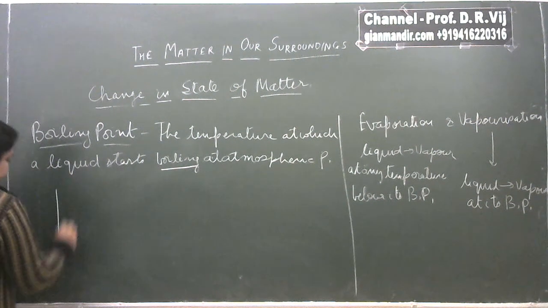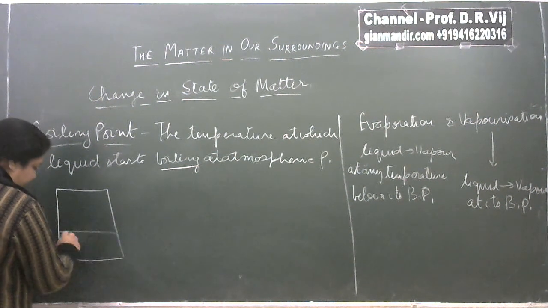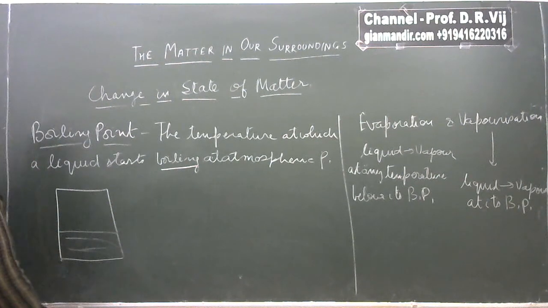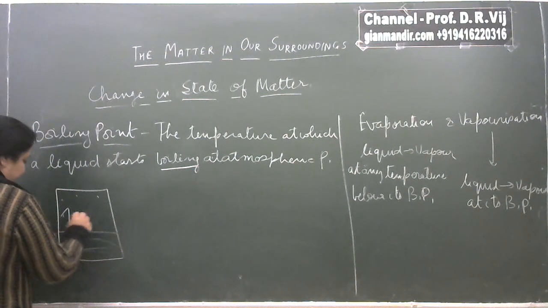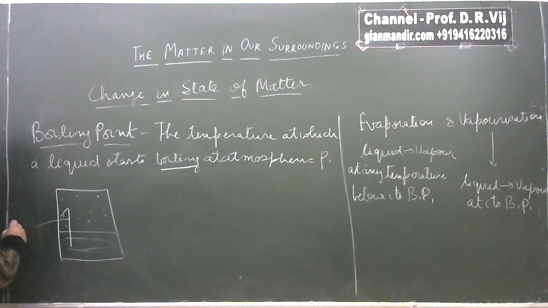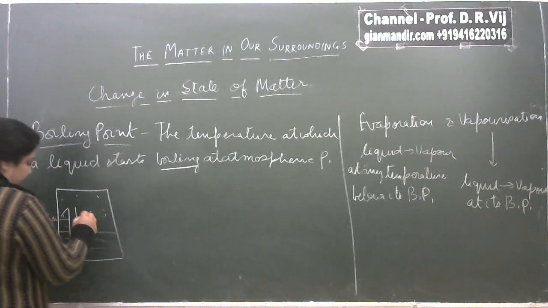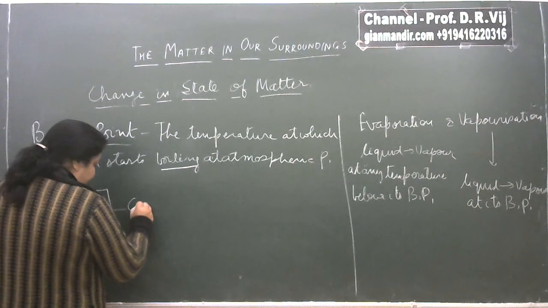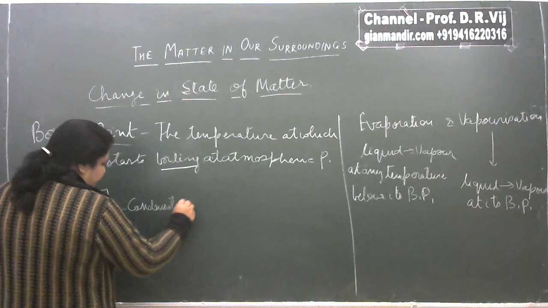For that, let's look at some liquid kept in a closed container at room temperature. Then what happens? Because of evaporation, some of the liquid starts getting converted to vapor. And when a sufficient amount of vapor has been formed, these vapors start getting condensed to give you the liquid form, and that process is known as condensation.